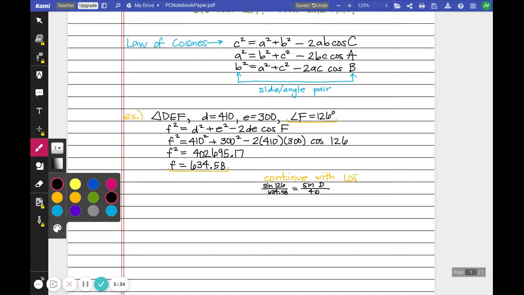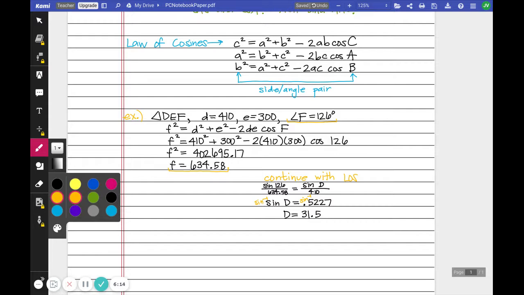So sine D equals 410 times sine 126, divided by 634.58, which equals 0.5227. I'm going to take sine inverse of that answer, and I get that D is 31.5. I'm just going to leave it with a decimal.